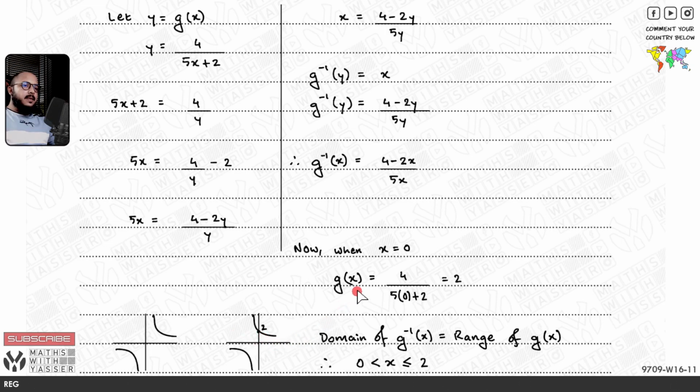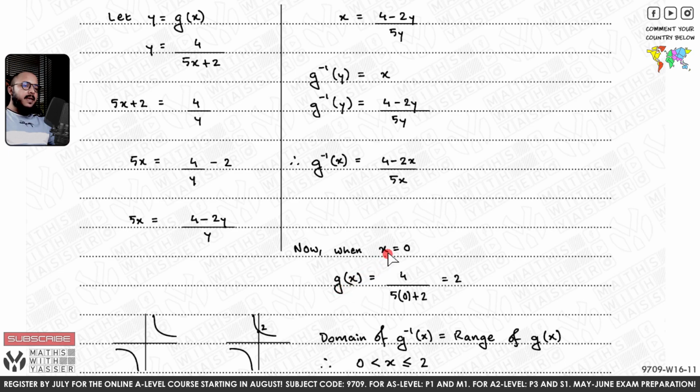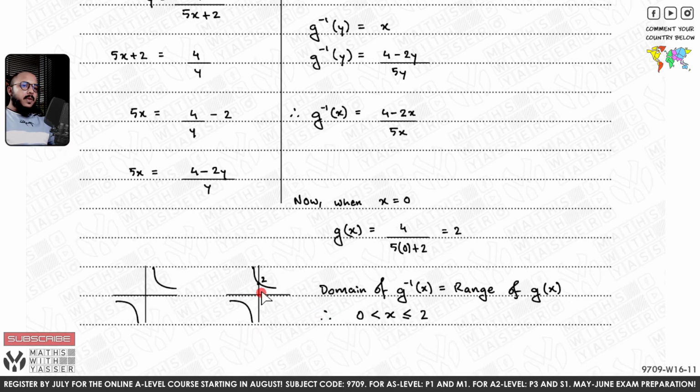And we can see that when we substituted x equals 0, we got that g(x) equals 2. That means this is the point where the graph will intersect the y-axis. And since x is greater than 0, we will be ignoring this side of the graph, the left side, from the y-axis, and we will only be taking the right side of the graph.